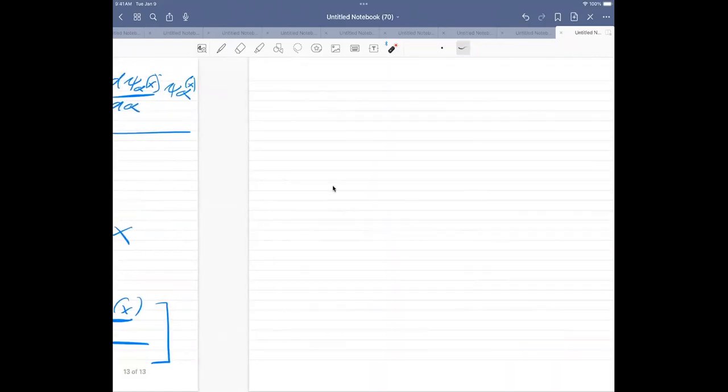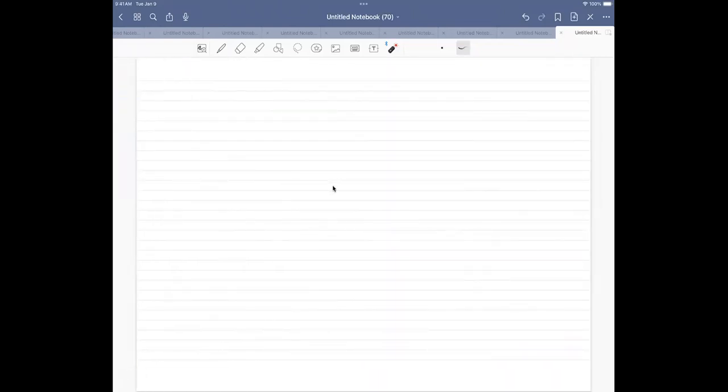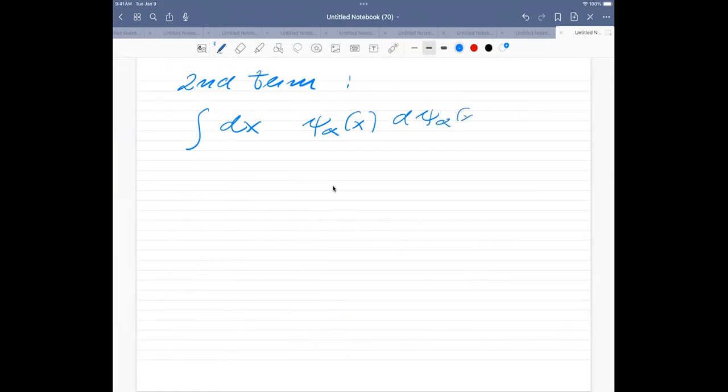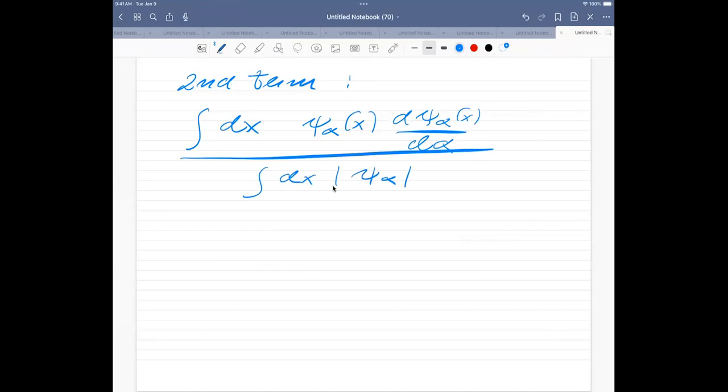What I get then, if you take the second term, and let's just take a look at that one: I have a d of x, and then I have a psi of alpha of x multiplied with d psi of alpha of x, or d of alpha, divided by d of x of psi of alpha squared. And then I multiply simply with psi of alpha and divide with psi of alpha. And these functions are real functions, so we don't have any problems with just writing it like that.